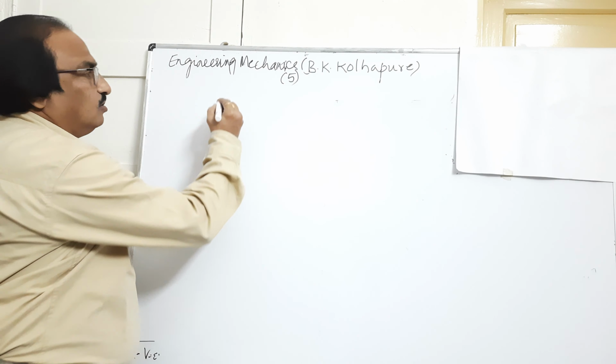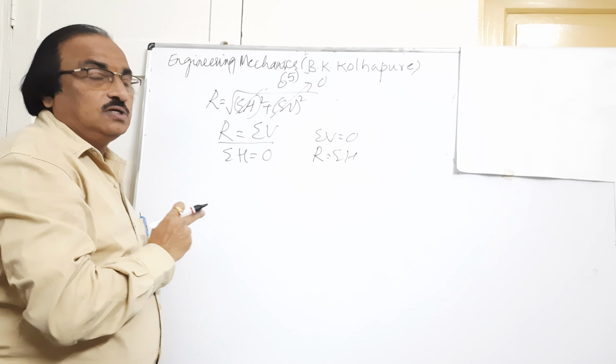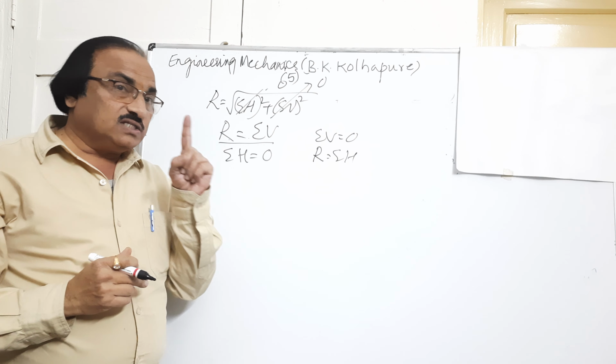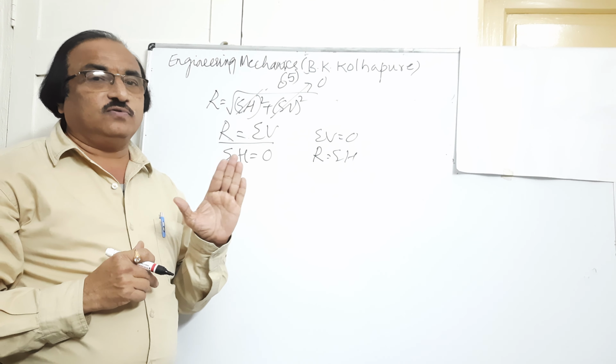Sigma V. If the horizontal components are 0, then the resultant will be equal to sigma V. Likewise, if sigma V is 0, then the resultant will be equal to the horizontal component, sigma H. Remember, if the resultant is vertical, there is only vertical force, no horizontal force here.